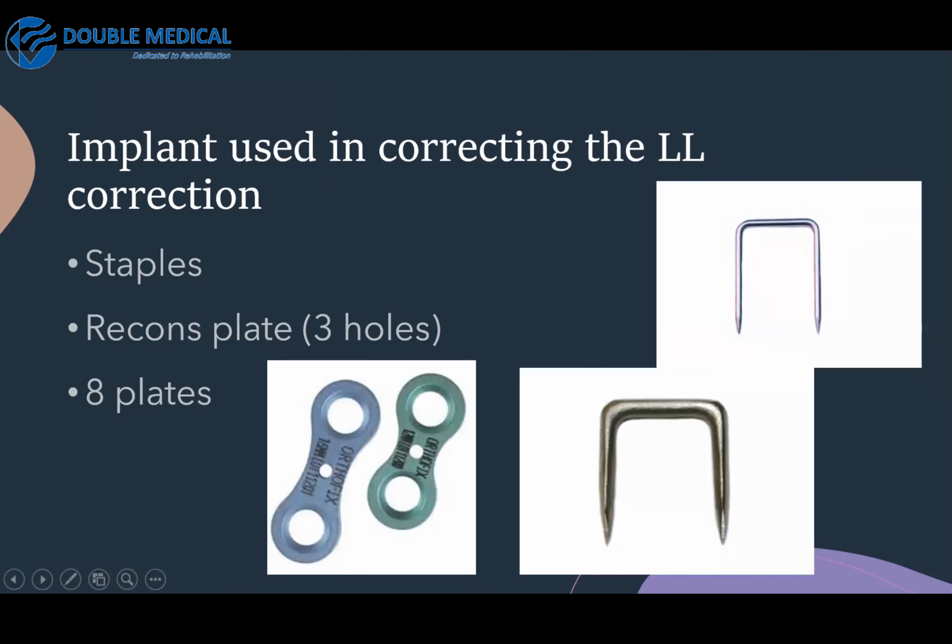Apart from staples, before that, in some parts of our country, we used a recon plate when we didn't have the 8 plate. After that, with current development, we use the 8 plate to control the growth of the affected limb.